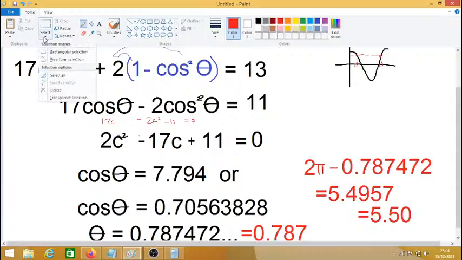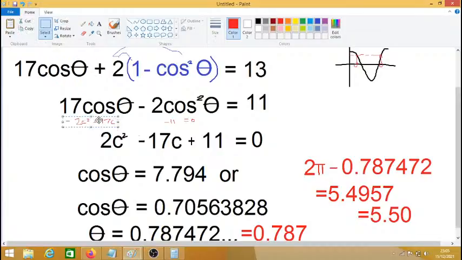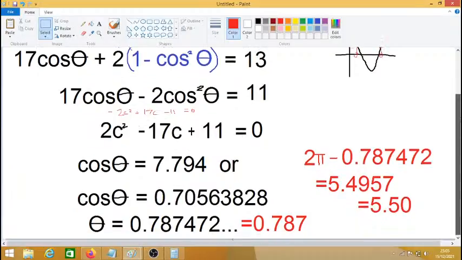17c and the minus 2c squared, we want to change that order so the higher power is at the front. So it's minus 2c squared plus 17c minus 11. Swap the signs around now, so that should read exactly what we've got below. 2c squared minus 17c plus 11 is equal to 0.